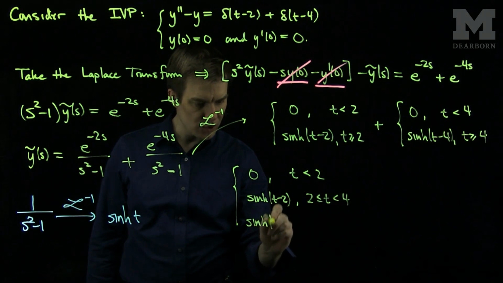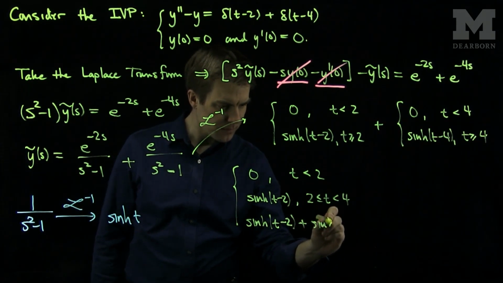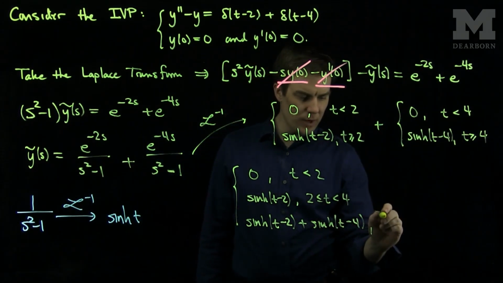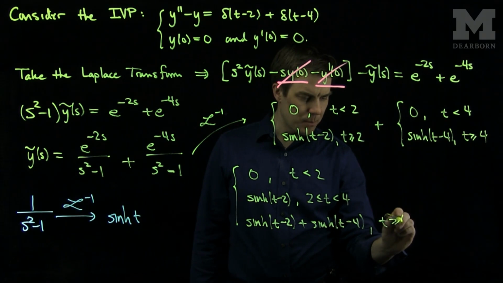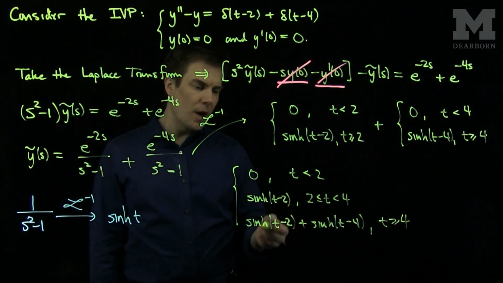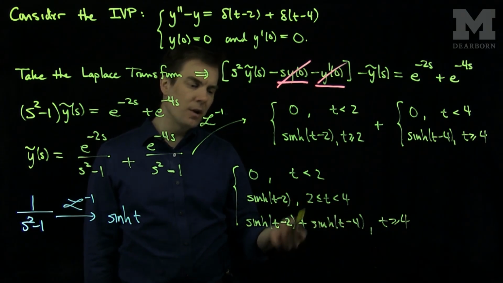So I have the sinh of t minus 2 plus the sinh of t minus 4, and this is in the range when t is bigger than or equal to 4.